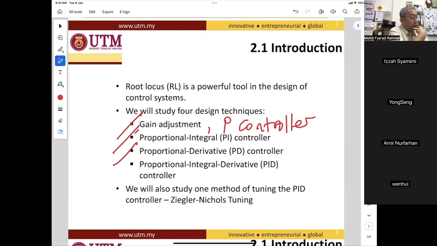And then PID controller, which will reduce error and at the same time make the response faster, together simultaneously, 2 in 1. And in order to do PID, we need to do tuning, to find the suitable value for the constant proportional, constant integration, and constant derivatives. We call it Ziegler-Nichols tuning.